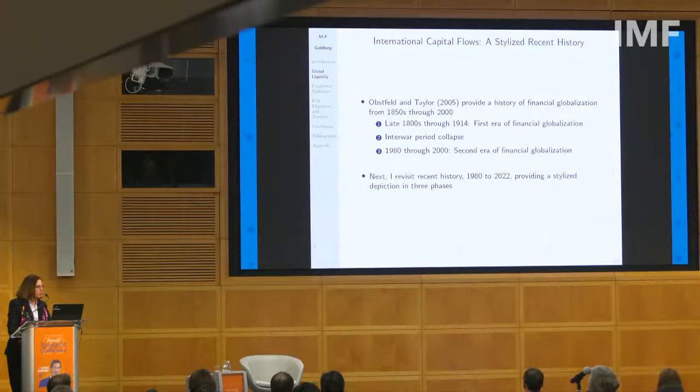For this purpose, I'm going to return to the stylized diagram introduced earlier and argue that the period from 1980 through the present will be divided into 3 episodes, also helping to motivate a bigger and more durable point about risk migration in global liquidity.